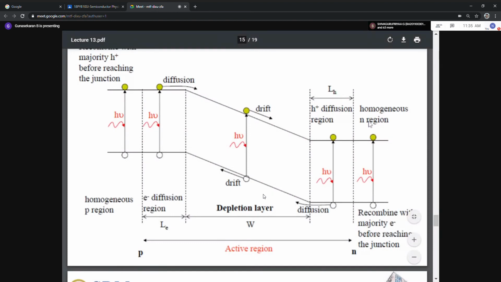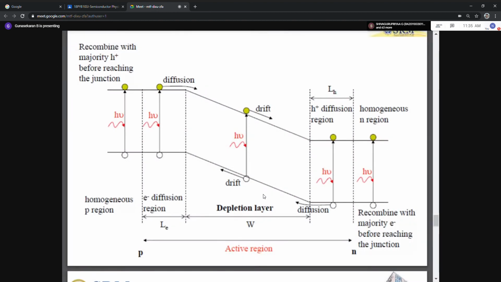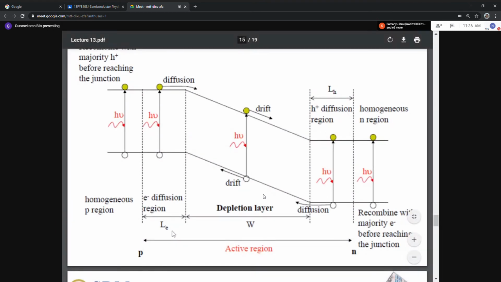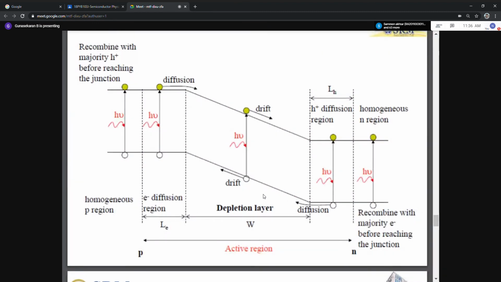In between is the depletion region, and its width W is also given here. I_L, the photocurrent generated due to electrons and holes, is also given. See here the electron diffusion region and the hole diffusion region, with diffusion lengths L_E and L_H. Do you understand? Say yes or no.